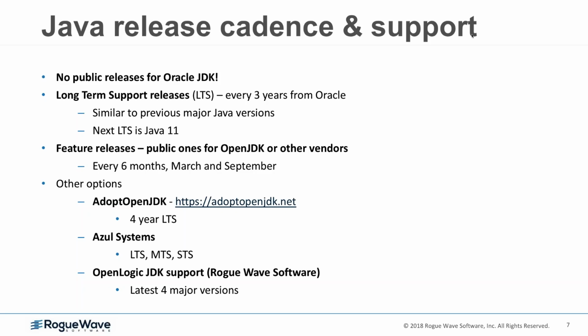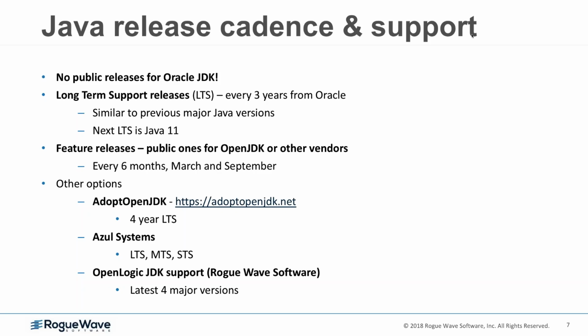I think one of the main shockers has been that there won't be any public release for Oracle JDK after Java 10. It's a big change, but luckily there are other options out there, so that's fine. But still, I think it's one of the biggest changes.